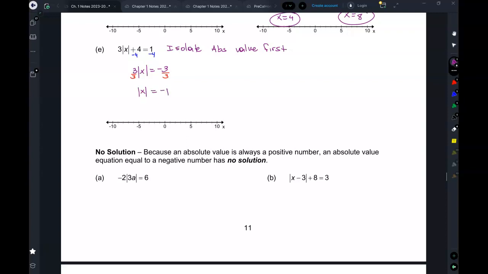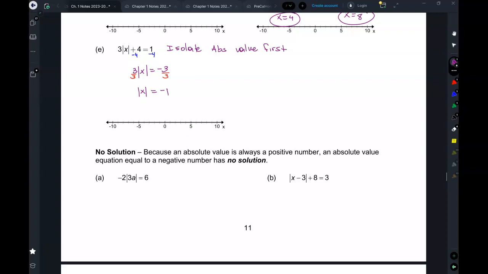Now let's pause here for a minute. There is another situation here. Normally, this would be where you would split it up. But now, what did we say absolute value was? Conceptually, it's the what from 0? The distance or the number of spaces. So can distance ever be negative?